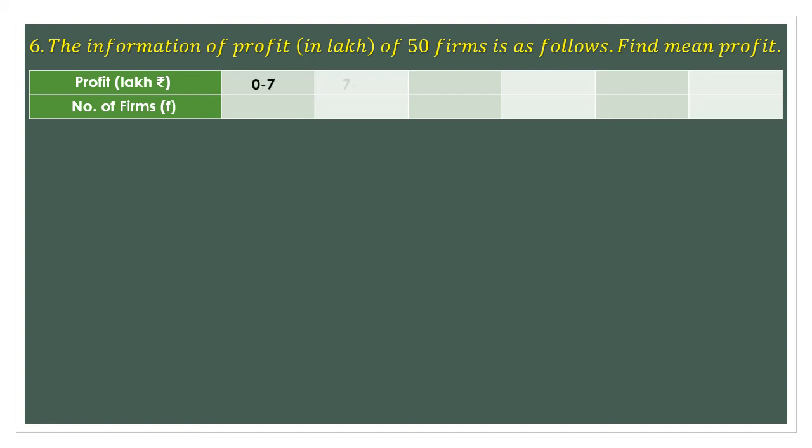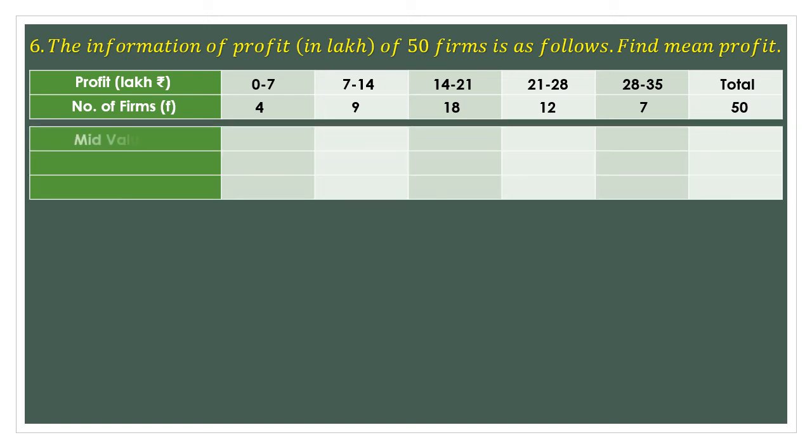Profit is 0 to 7, 7 to 14, 14 to 21, 21 to 28, 28 to 35. As you can see here, the classes are constant, that is the class length of 7 is there. And the number of firms are 4, 9, 18, 12 and 7. So that means total number of firms are 50, which was actually given in the question itself.